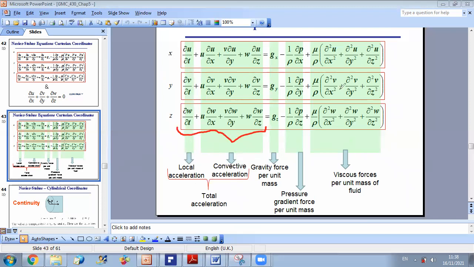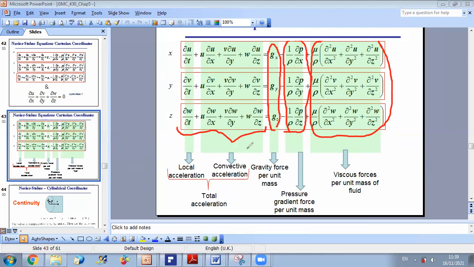And now from the other side, we have all the force terms. This is related to the gravity force per unit mass. This is related to the pressure gradient force per unit mass. And this is related to viscous forces per unit mass. So as you can see, after writing the linear momentum equation, we develop the relation sum of forces equal ma for a fluid element.